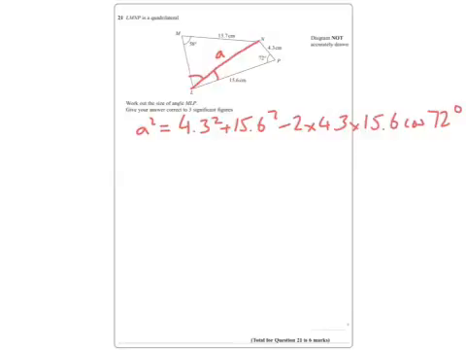Alright, work all that out, don't forget the square root at the end, and you get A, or LN, equals 14.84561484. Okay, so there you go.